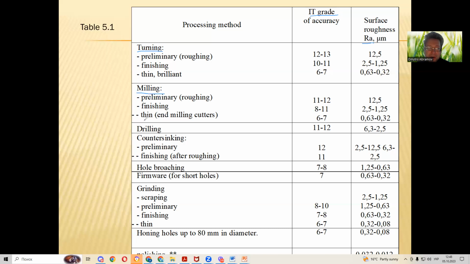For thin or end milling cutters, IT grade will be from 6 to 7, IT6 or IT7, and surface roughness from 0.63 to 0.32.